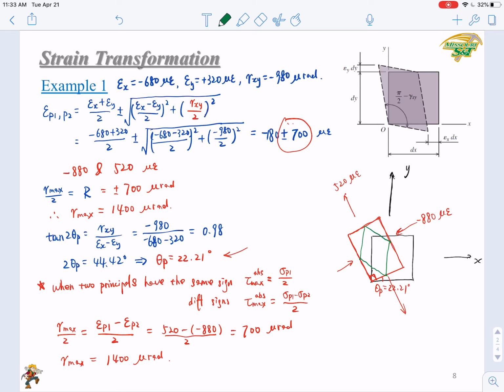Here is 45 degrees. This angle we can call theta s, that is 22.21 plus another 45 degrees, so you get 67.21 degrees. After this rotation, you will find the maximum shear strain.